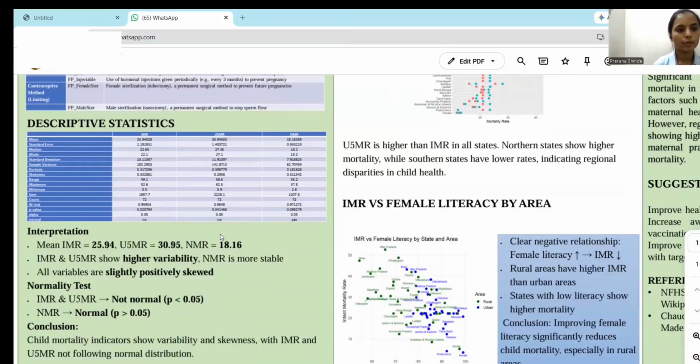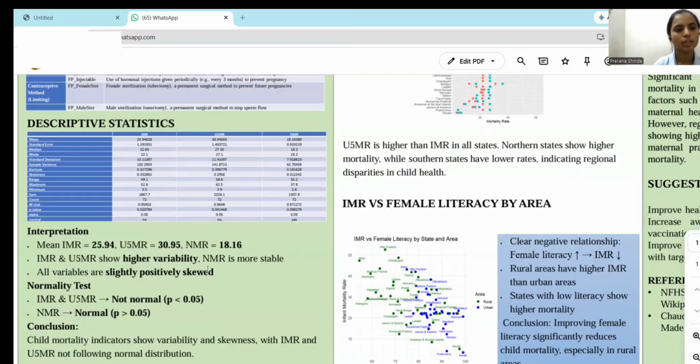Mean of IMR is 25.94, under 5 mortality is 30.95, NMR is 18.16. IMR and under 5 mortality rate show high variability, NMR is more stable, and all variables are slightly positively skewed. For the normality test, IMR and under 5 mortality are not normal because the p value is less than 0.05, so our null hypothesis is rejected.